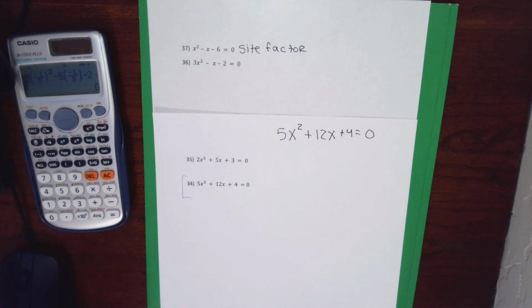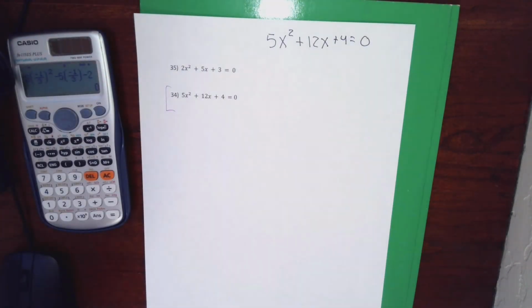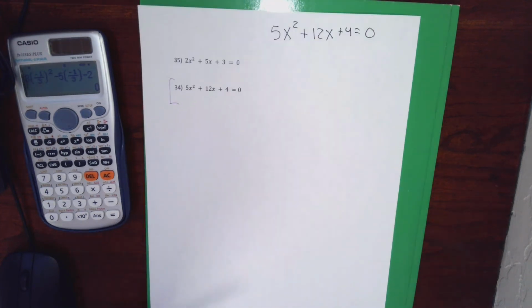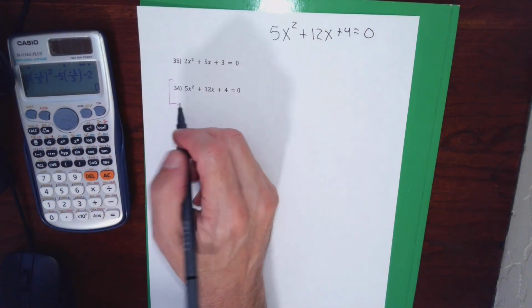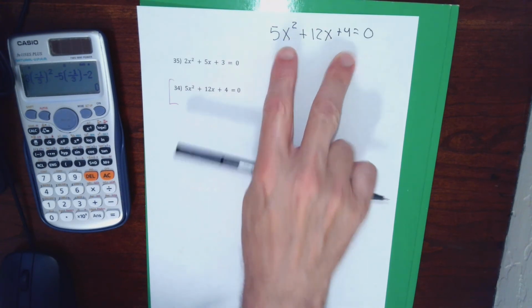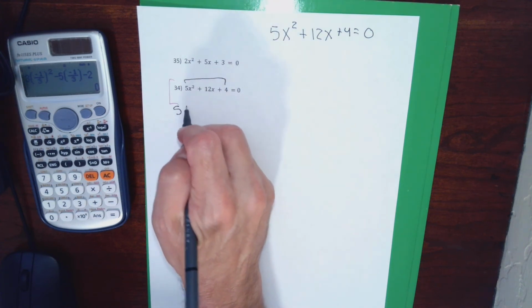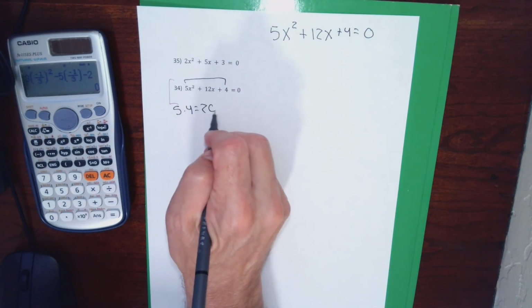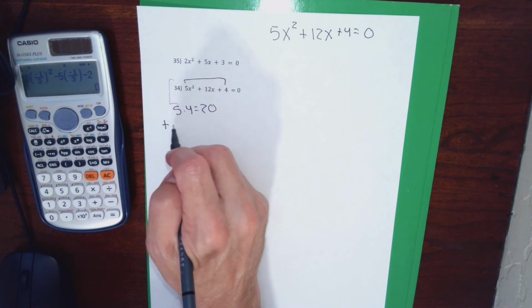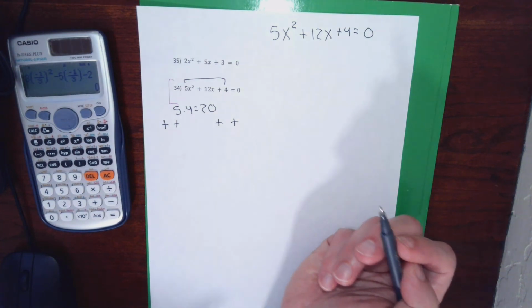So again, just to keep the video a reasonable length, I'm going to do every fourth problem or every other even problem. So I'm going to try now to factor 5x squared plus 12x plus 4. I start off by multiplying the 5 and the 4, and I get 20. My template says if the signs are plus and plus, I'm looking for double positive numbers.